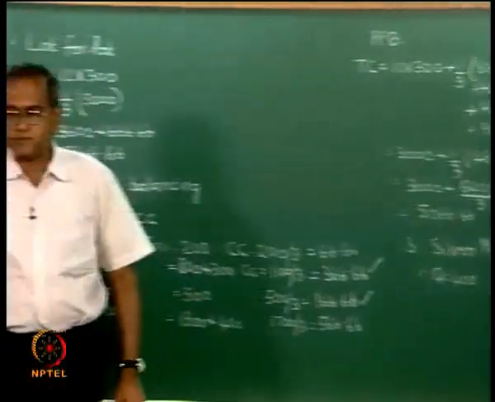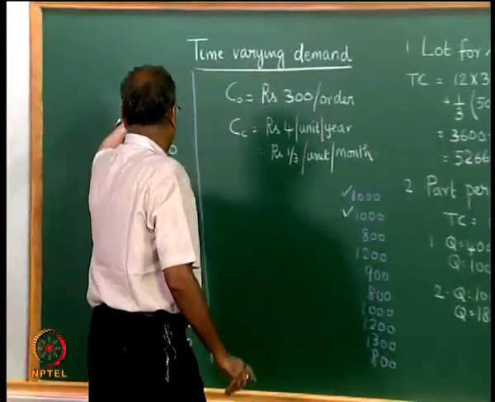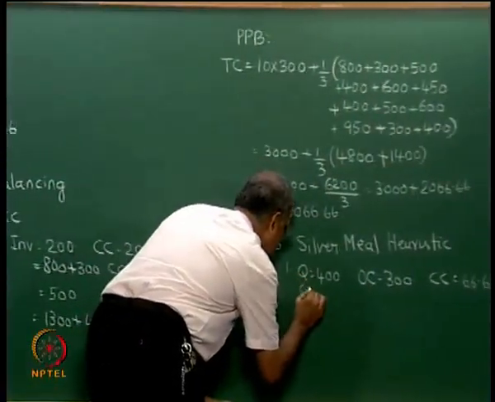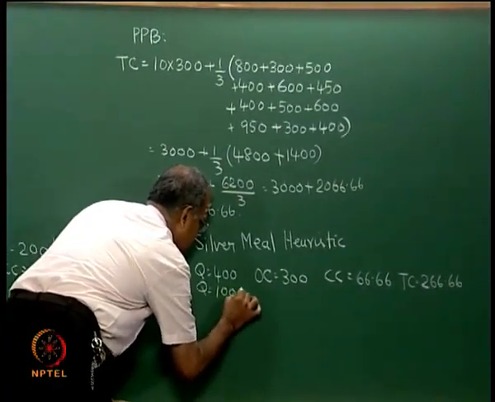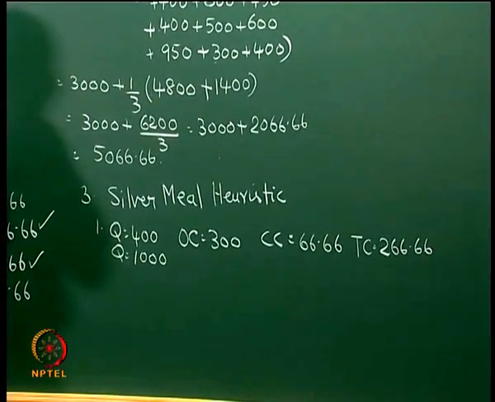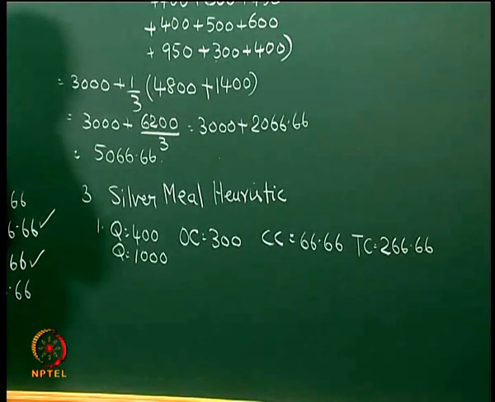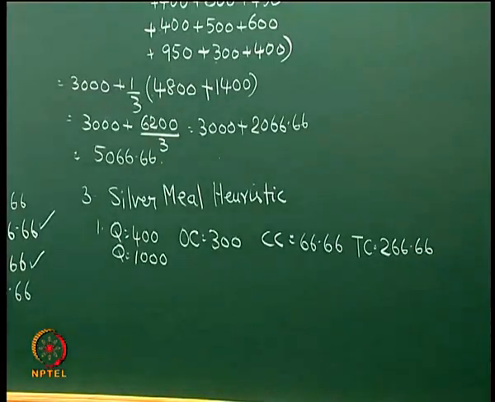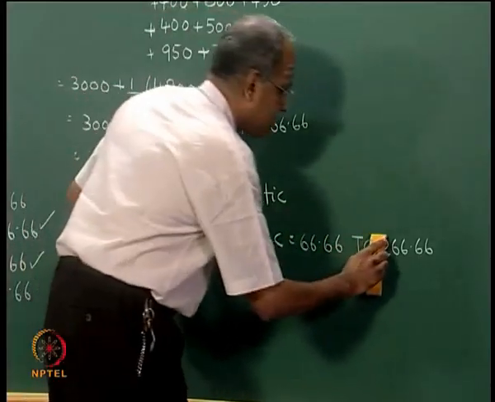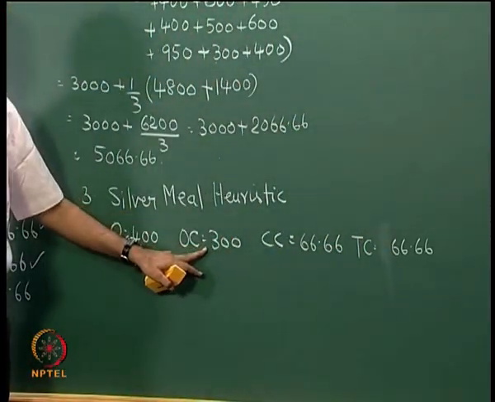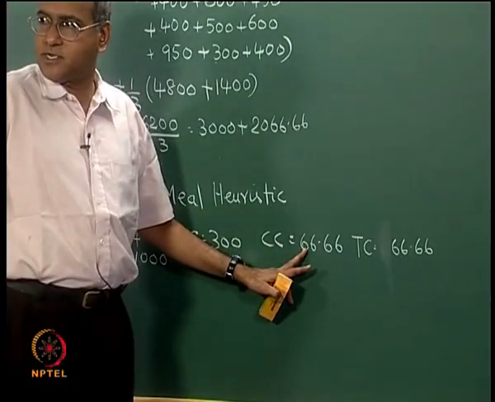And we keep it there. Then we consider combining these two together. So, Q equal to 1000. So, when we combine these two together, the order cost is 300, carrying cost is 66.66.